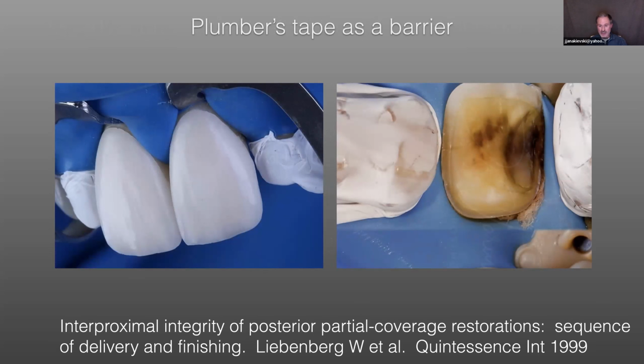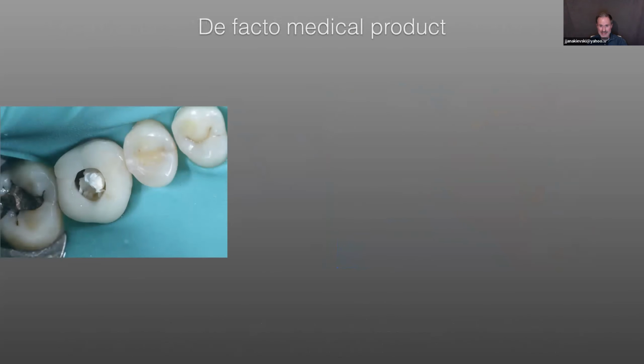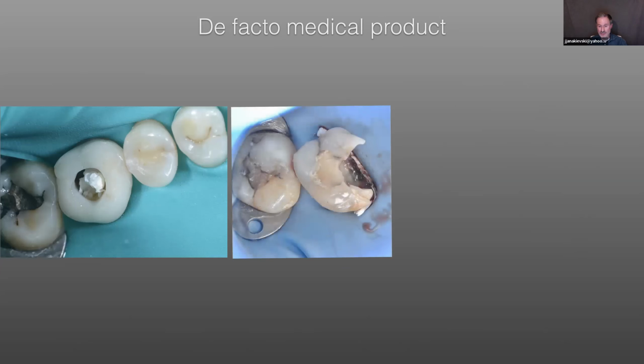From there, we started thinking about other applications of plumber's tape, and it became essentially a de facto medical product almost. Here we use it for screw channel barriers. In restorative dentistry, it's used as a twisted cord made chairside to push away the rubber dam and the gingival tissues. This is a very popular use of it now.